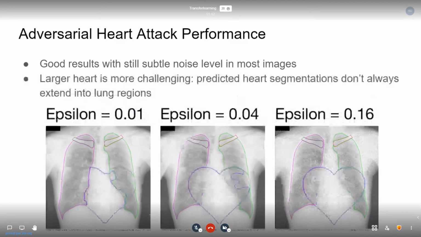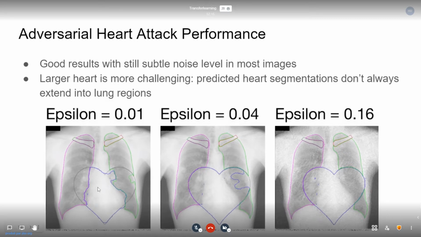Then we tried this attack with a larger heart, and that worked more or less well, but in a significant proportion of the images, we had this problem. The problem was extending the heart class far into the lung. This didn't happen in most cases, but it did happen often enough.